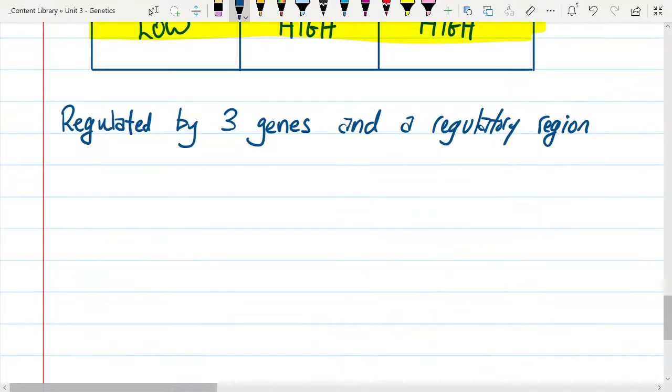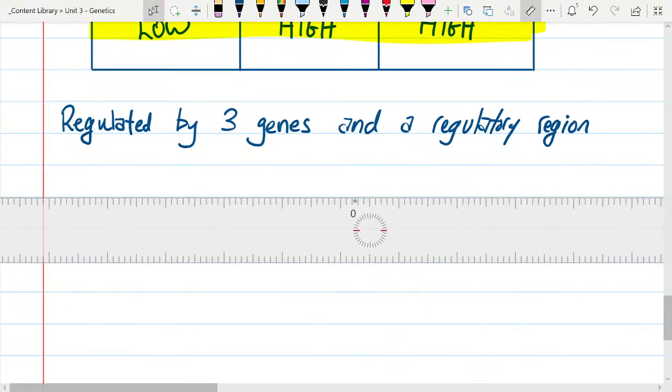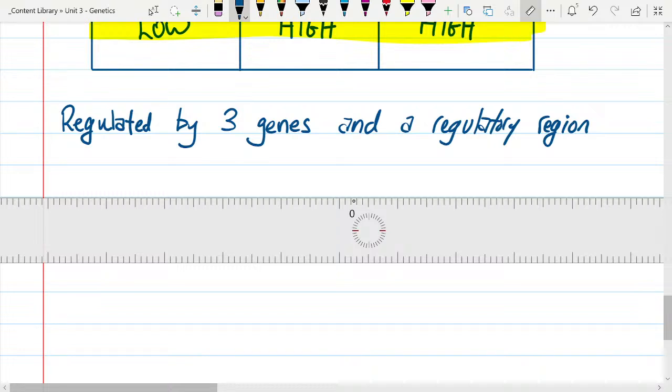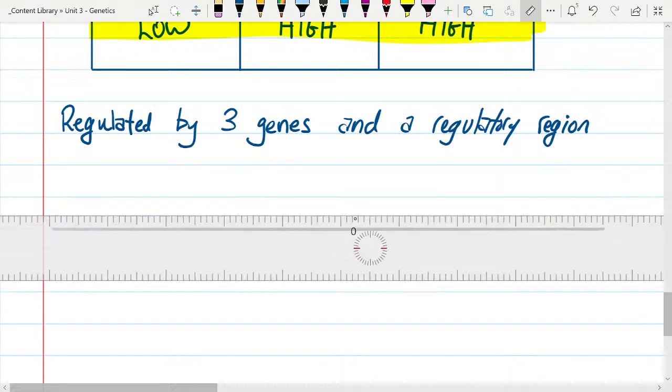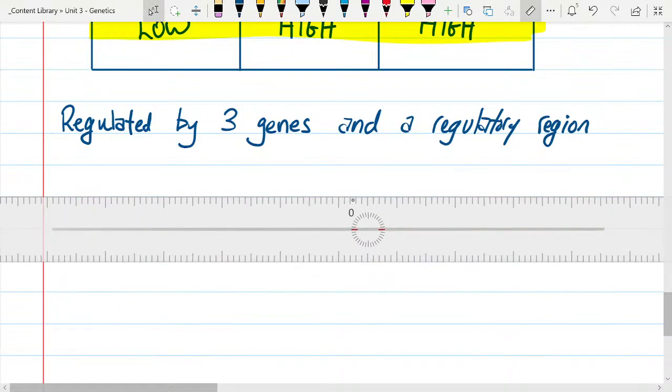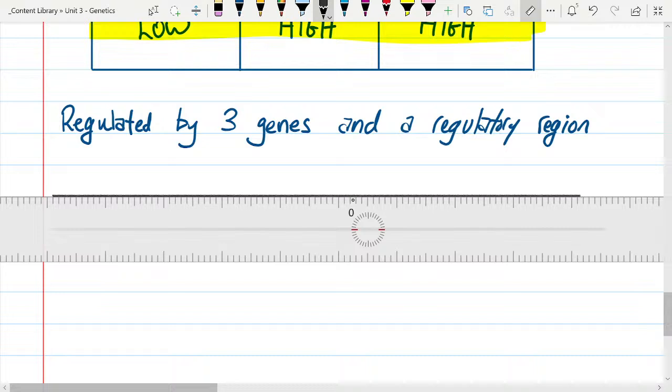So we're going to draw a little diagram. We're going to diagrammatically draw our DNA. I'm going to go back and change that to black, actually, so that I have blue as a color if I need it.